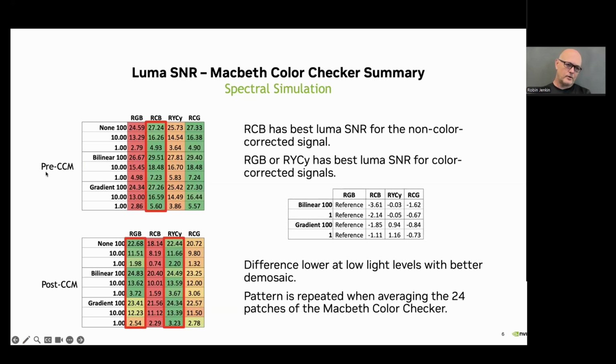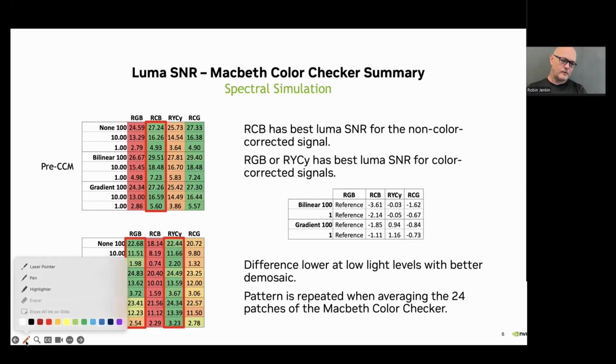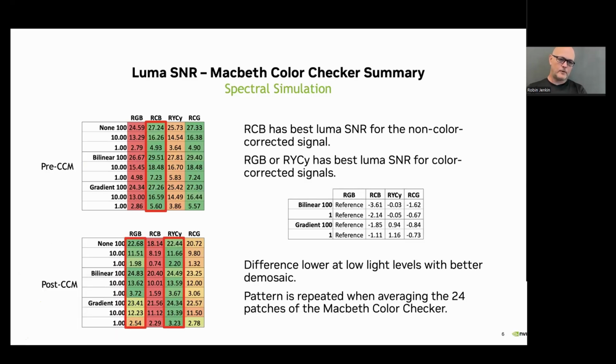Let's turn on a laser pointer. Robin, are those units in dB? Yeah. I was going to turn on a laser pointer a second. Let's see if we can do that.